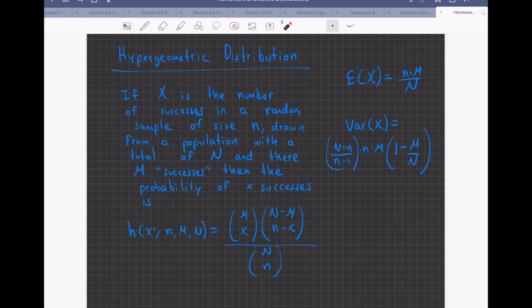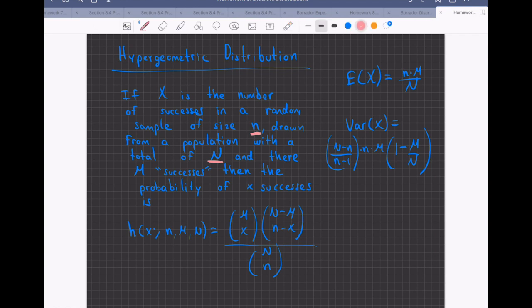The hypergeometric distribution works when we have a total population of capital N items. We take a sample of size lowercase n, but we know that among those capital N items, capital M of them have a certain characteristic of our interest.